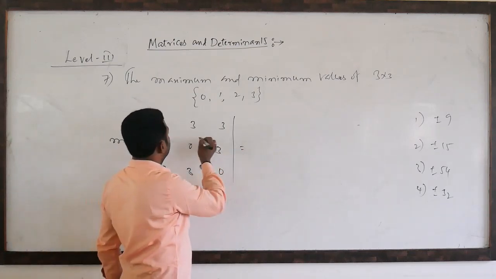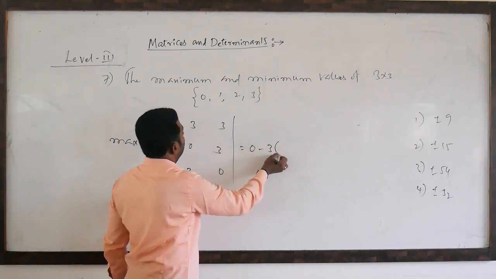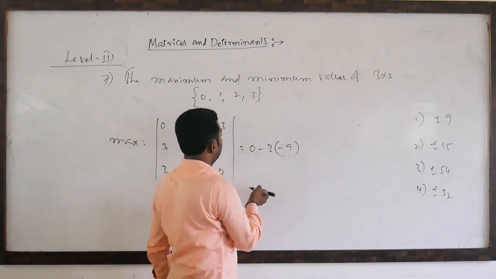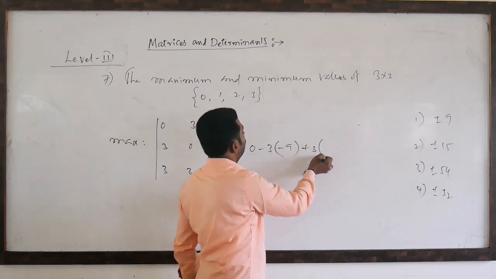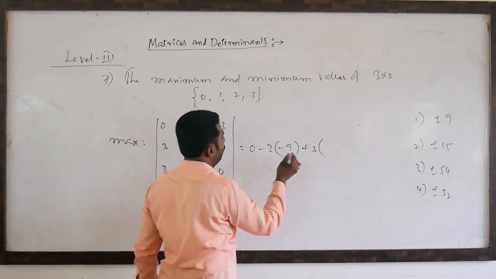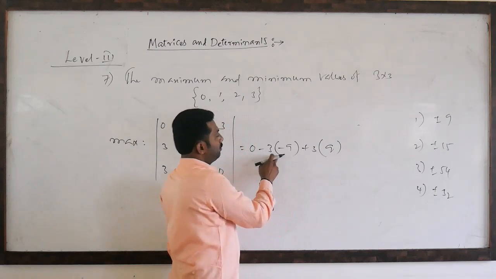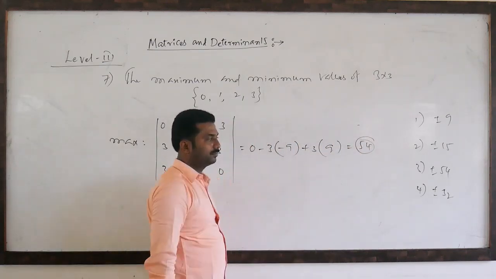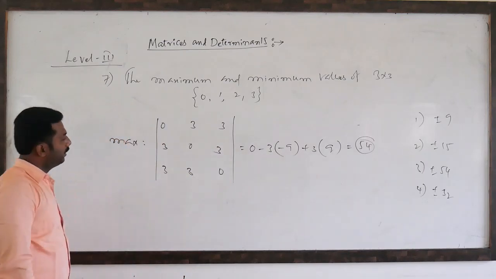See, this is 0, minus 3 into 0 minus 9, plus 3 into 9. So this is 27, 27, this is 54. Clearly the third option.